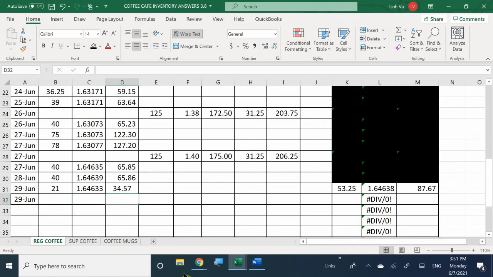So on the 29th, we had 125 pounds delivered at a price of $1.42, which gives us $177.50.